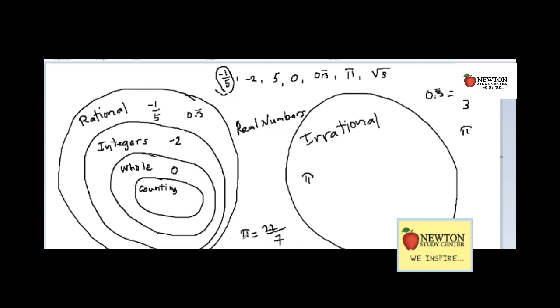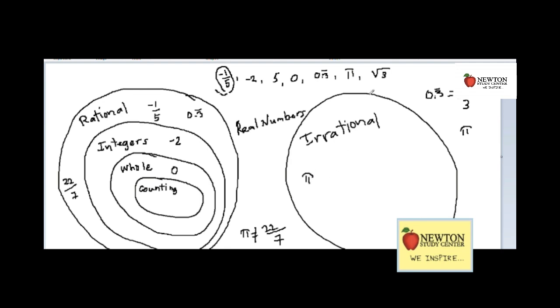So 22/7 is just an approximation of pi. 22/7 is rational, so we could put 22/7 here, but pi is irrational because they're not equivalent. It is close to pi, but it's not equal. So pi should be under the irrational number set.